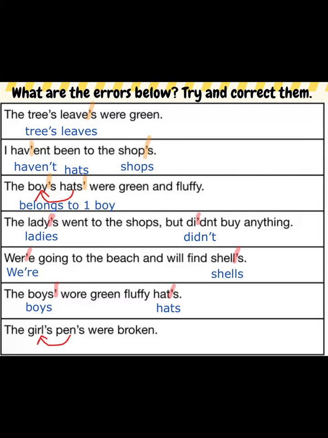So the girl needs the apostrophe where it is. The pens, the girl has lots of pens, and I don't need the apostrophe because it is plural. So all I need to do for that is just put pens without the apostrophe.